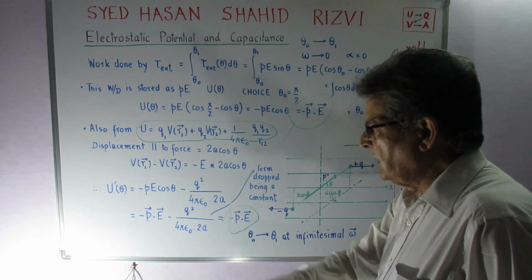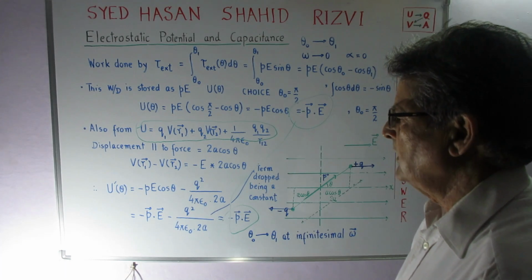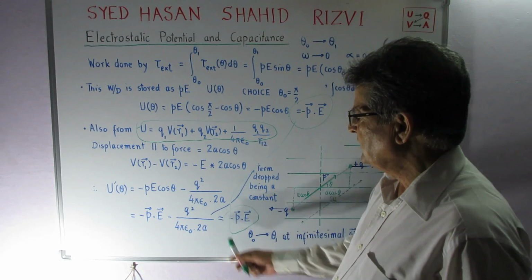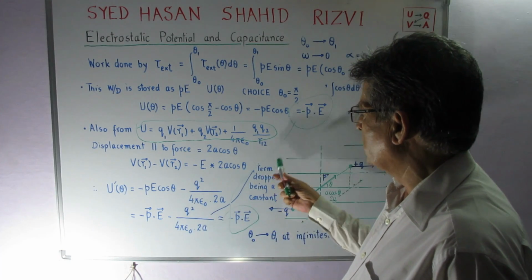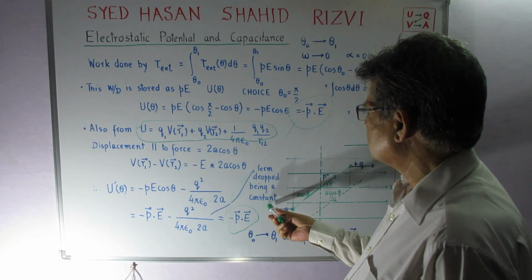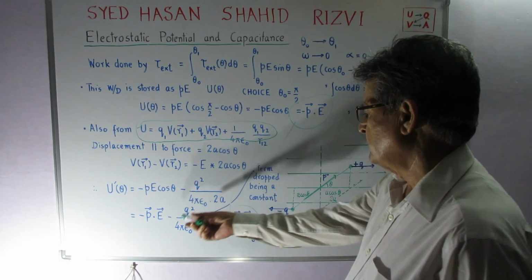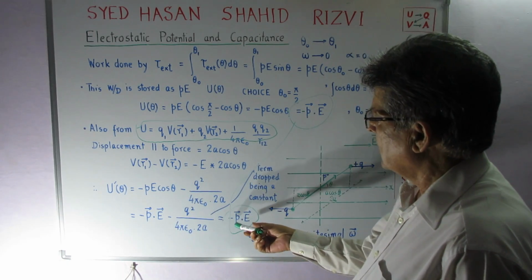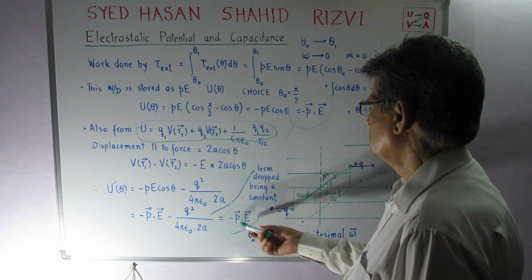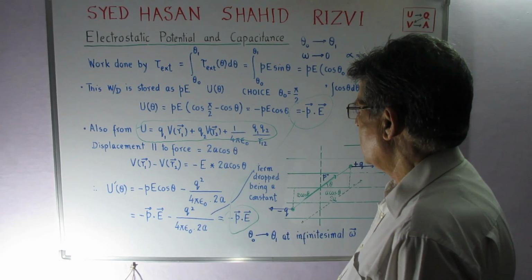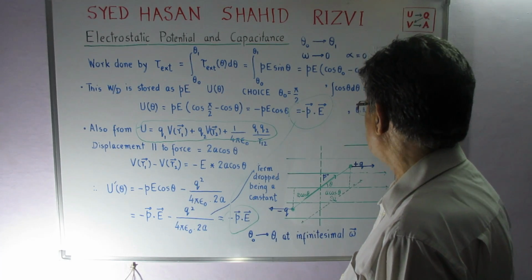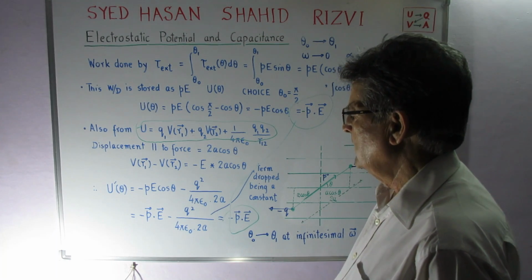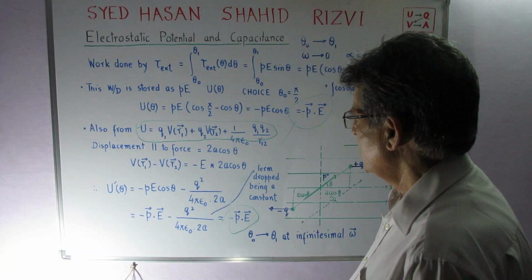So when we are going for the potential energy difference, this constant term can be dropped. Being a constant, this term is dropped, and therefore the value that we'll have as U(theta) will be equal to minus P dot E. And here I finish off with this.